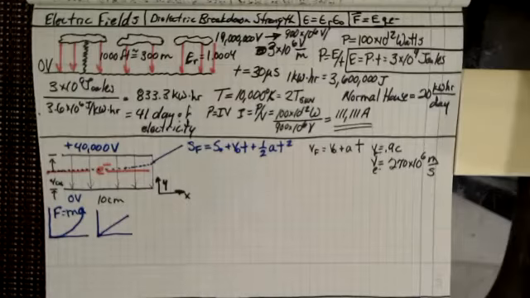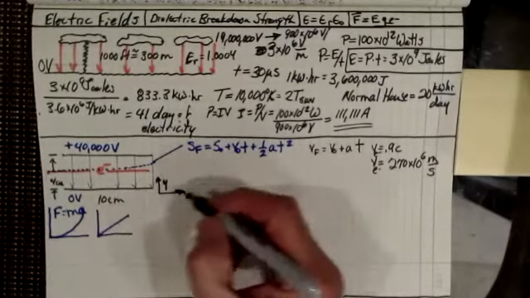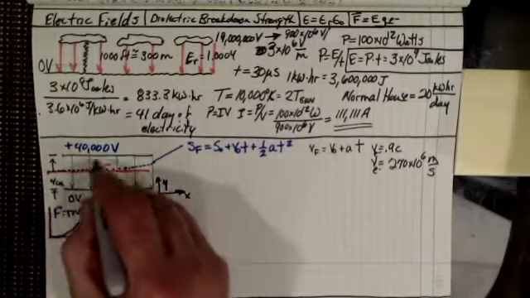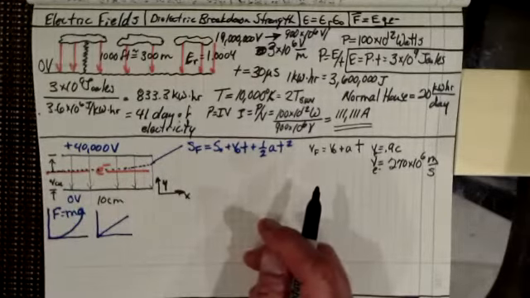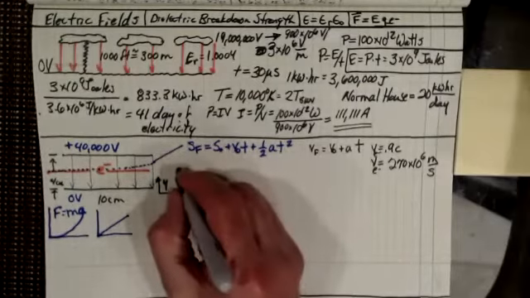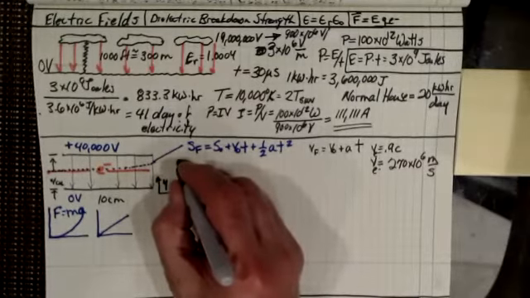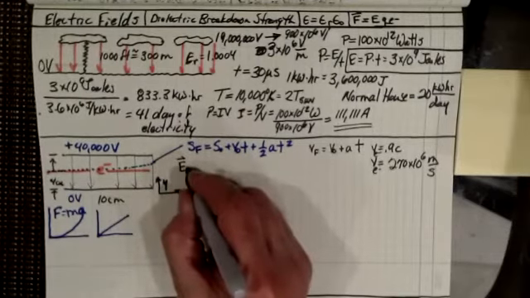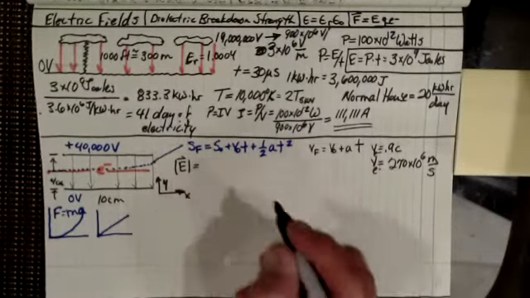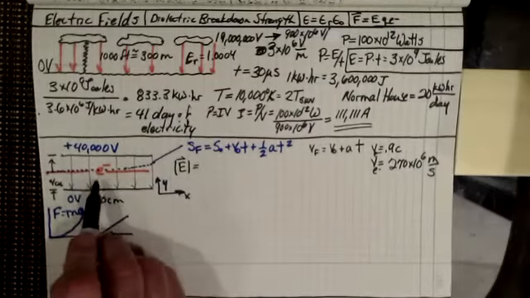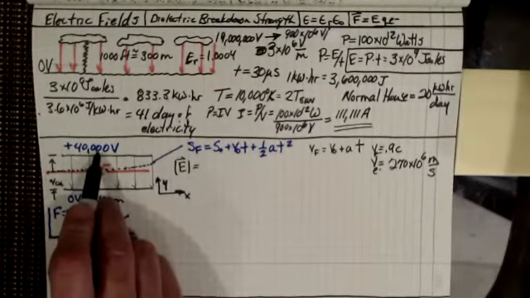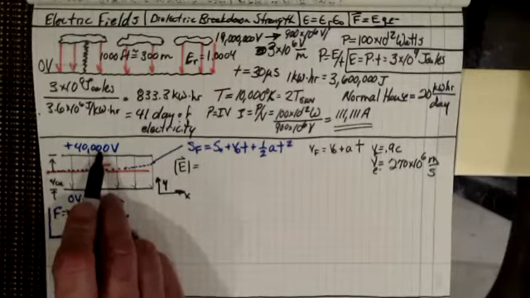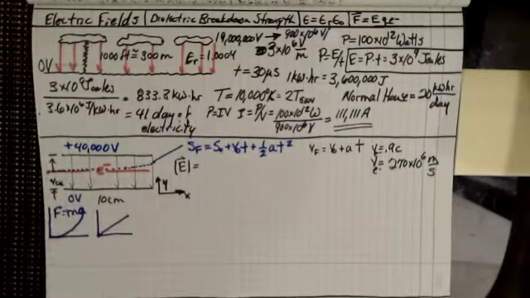Actually, before we do any of that, why don't we find out what the electric field strength is? What's the electric field strength here? Well, we've got 4 centimeters and we've got 40,000 volts. I'll just make it a magnitude right now, because I think everybody can see that the electron, being a negatively charged particle, is going to be attracted to the positively charged surface, right?